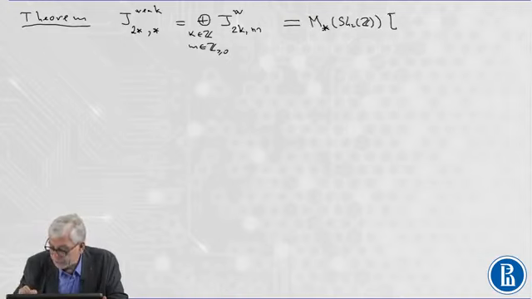The first generator is the function phi minus 2,1. The second is phi 0,1.